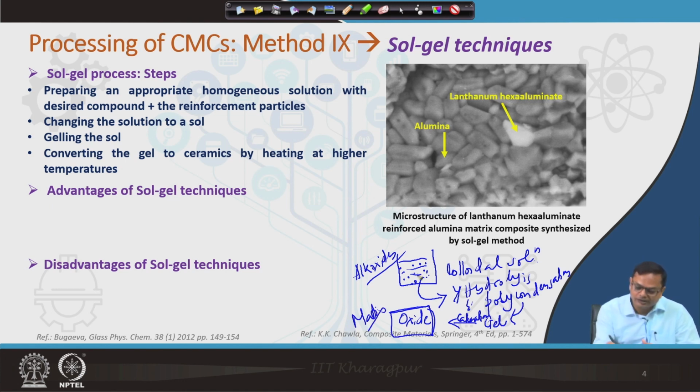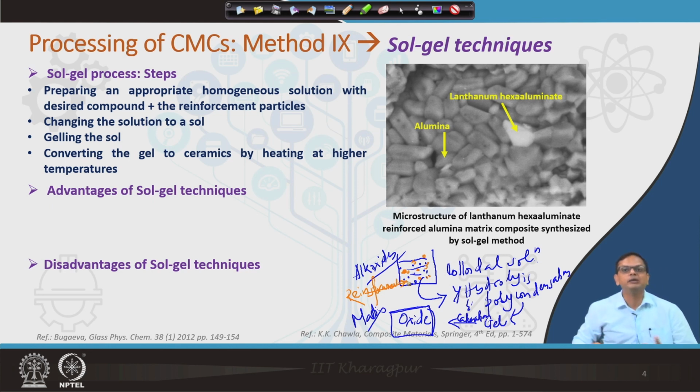So, in this solution it is not only the alkoxide being added, but also ceramic particles, which act as reinforcement. Along with the alkoxide, you are adding reinforcement.